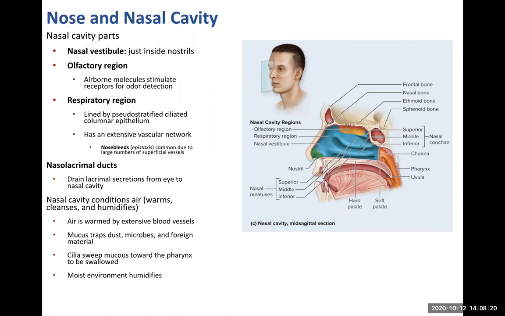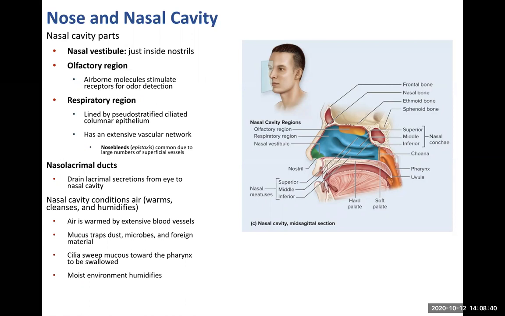This olfactory epithelial tissue contains many chemoreceptors for the chemicals that would be in the air, and when those chemoreceptors bind their chemical, that's what initiates our sense of smell and or taste or both.